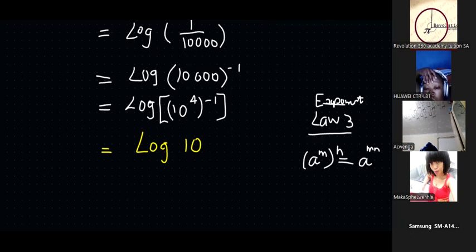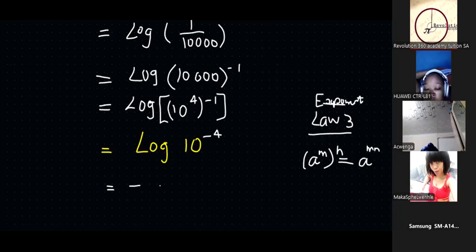Then after writing the base of 10, you multiply the exponent. 4 times -1, that's -4. And then after that, you apply that very important rule, taking this -4 and bringing it forward in front, just like that. Any question? No. Okay, so you write that -4, times log 10.